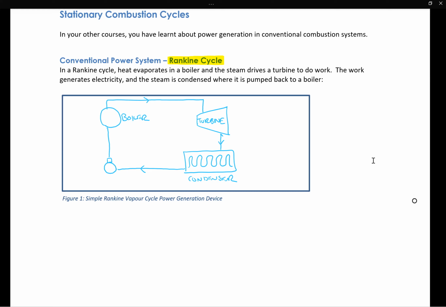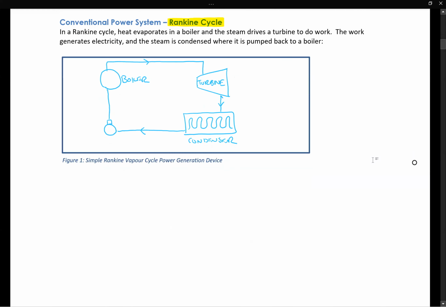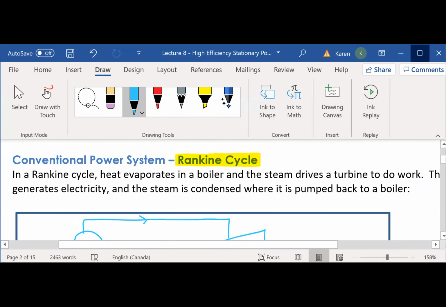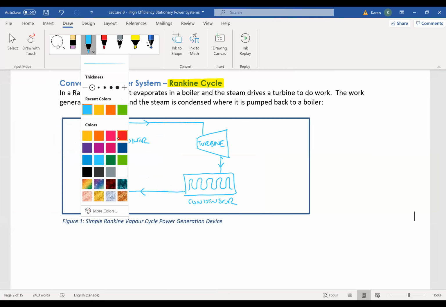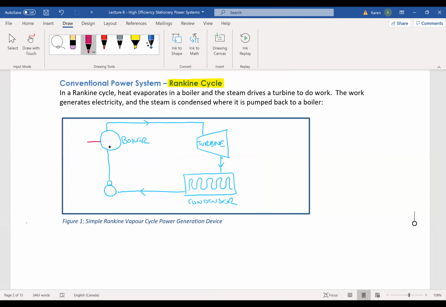So now let's show where we put some work in. So we put heat in here. And it costs money to make that heat, right? And it possibly even burns fossil fuels to make that heat. Likely does.